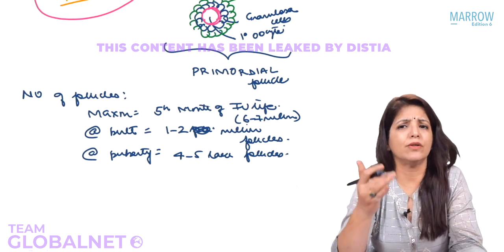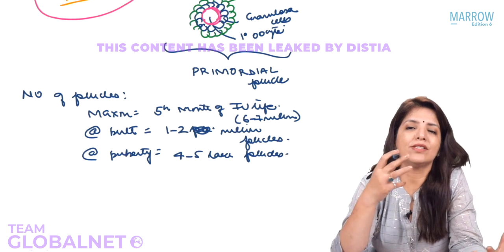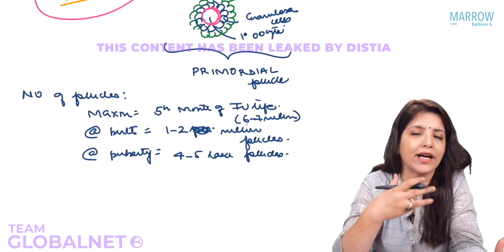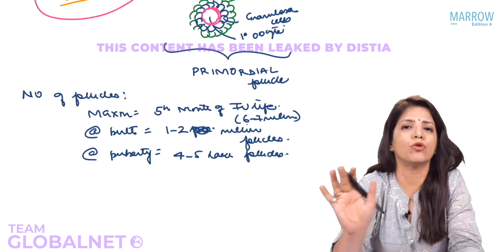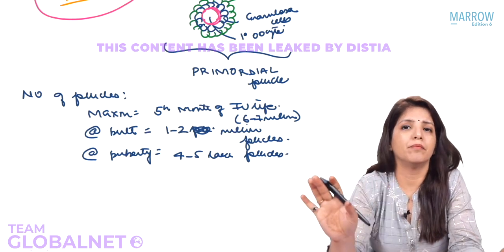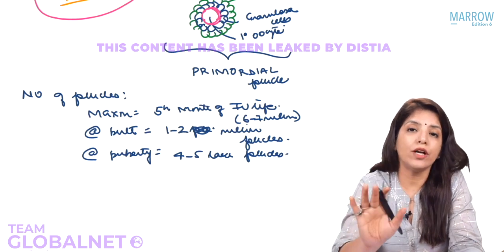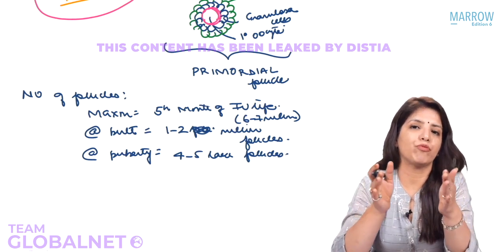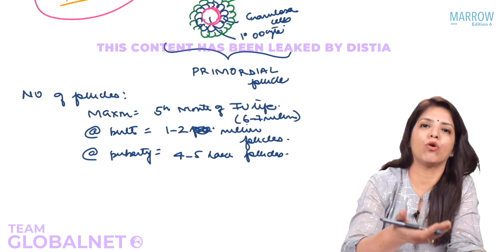So they are continuously decreasing. This means, who is deciding? Is any hormone deciding that these are the follicles which are going to undergo atresia? No, no hormone is deciding which follicles undergo atresia. Hormone influence comes only at the time of puberty, but this event is happening before puberty also.